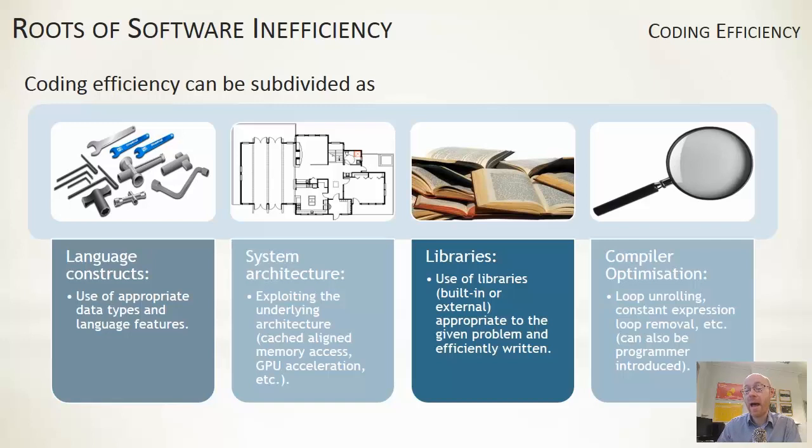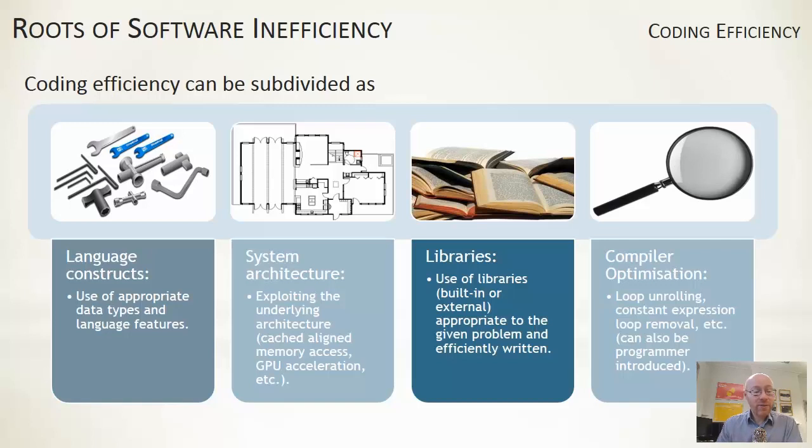Then we get into compiler optimizations, about how the compiler tries to take what we have written and turn it into something that is executable, but efficiently so. A lot of optimizations there for things like loop unrolling, for constant expression evaluation, some of the stuff we looked at earlier on. The compiler may do this, equally the programmer could introduce it him or herself.